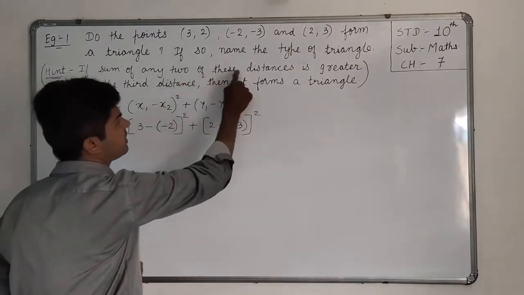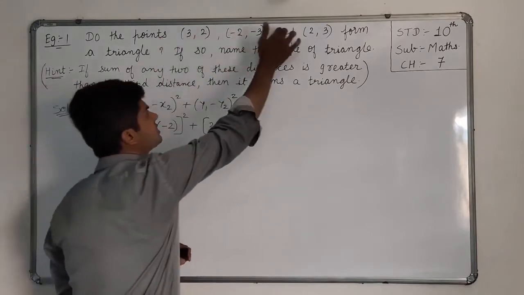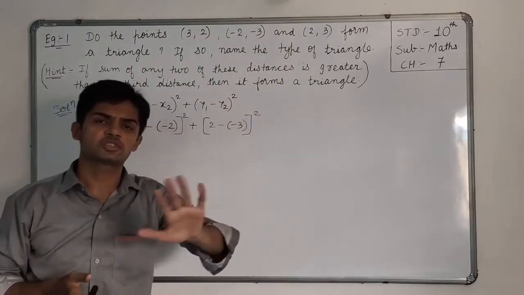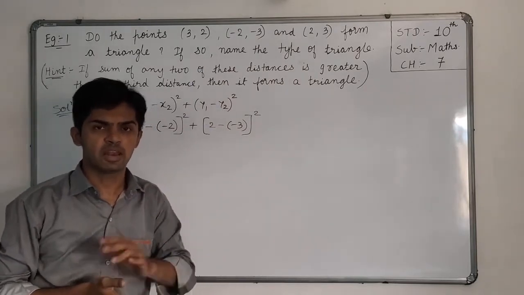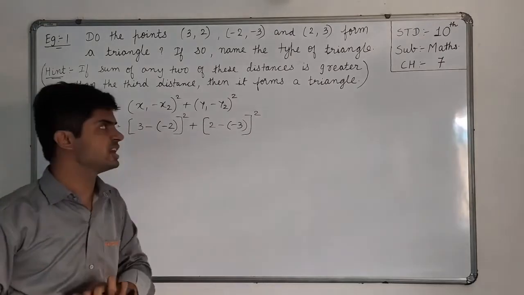Again, we have to find the distance. Now there is not any formula to find the distance between the 3 points. अब 3 पॉइंट्स दी है, उसका डिस्टेंस फाइंड करने की कोई फॉर्मूला है नहीं. डिस्टेंस जो है वो 2 पॉइंट्स के बीच में ही फाइंड किया जाता है.